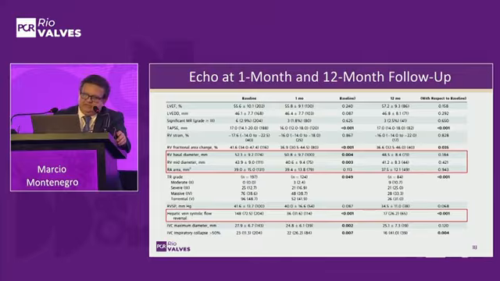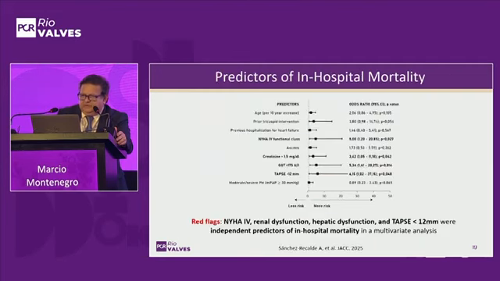But if you see the number of patients lost during the follow-up, starting with 174 and at 12 months it's only 73. So probably this is the reason why we don't have statistical impact in this data. And hepatic vein systolic flow reversal has also diminished after the procedure.